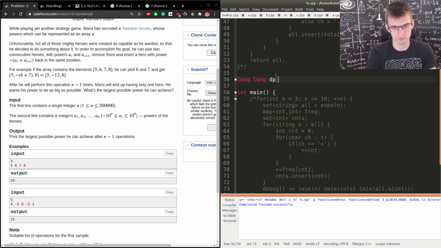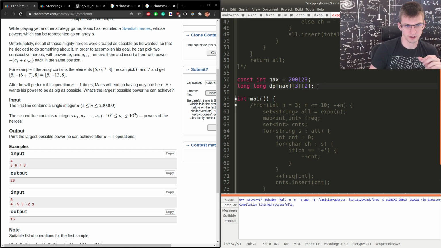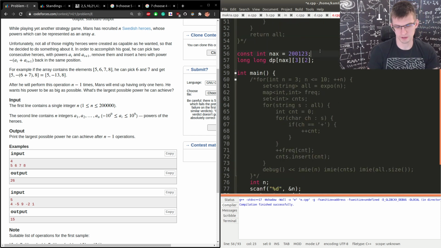Read this, and now it's dp of max n, 3, and 2. This should be defined as maximum sum of values so far. So I initially put everything as minus infinity.